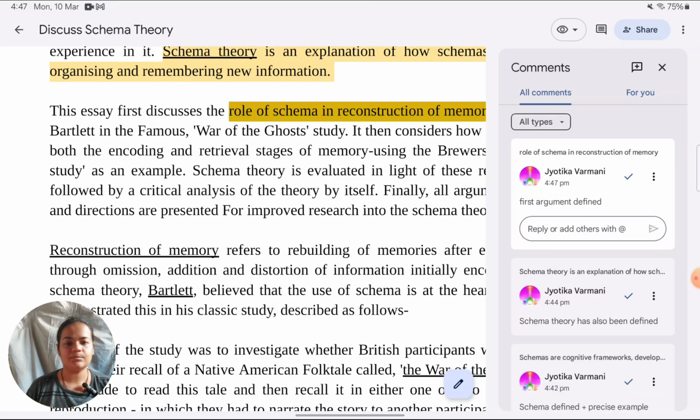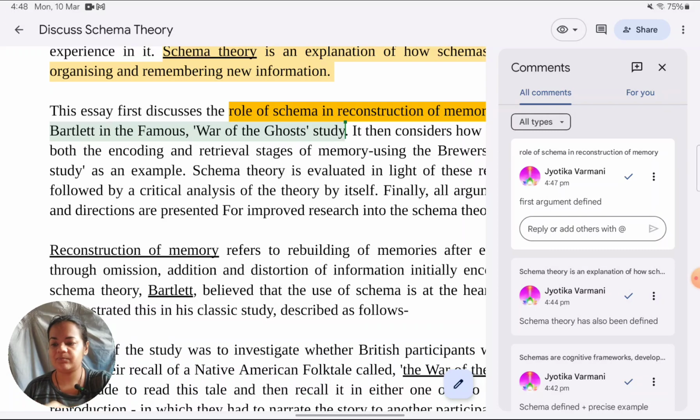It's explaining the problem in the question. Next, as you know, you also need to have research evidence for support. That's criterion C. You clearly have to elaborate on some studies at least to clarify your arguments. So in the essay outline, it is clearly mentioned here that Bartlett's War of the Ghosts study is going to be used to support the first argument.